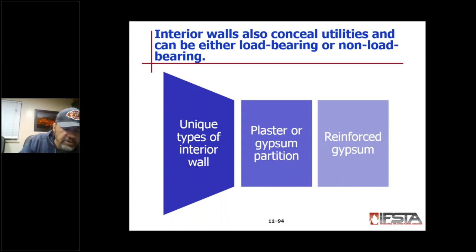We may have lath and plaster. And then in some commercial situations, we might have reinforced gypsum. Reinforced gypsum is basically a drywall wall that has a layer of Lexan or some kind of tough plastic on it to prevent easier entry. It's a security feature that a lot of stores might be using.